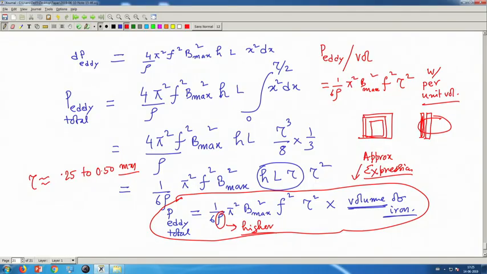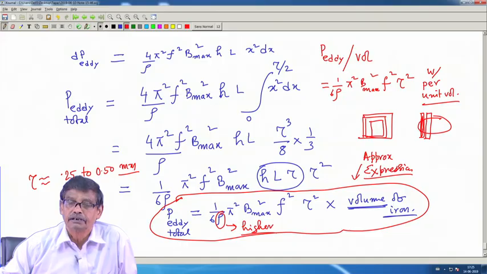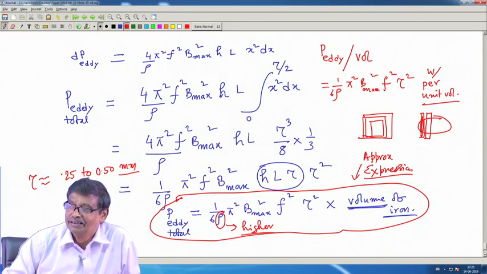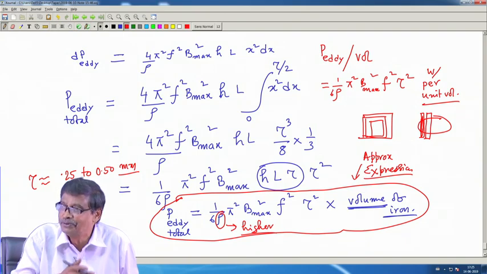And transformer size, if you see, they may be of the order of a distribution transformer. If you look at it, their heights may be in meters. So, the assumption that H and del compared to tau is very small is pretty good.